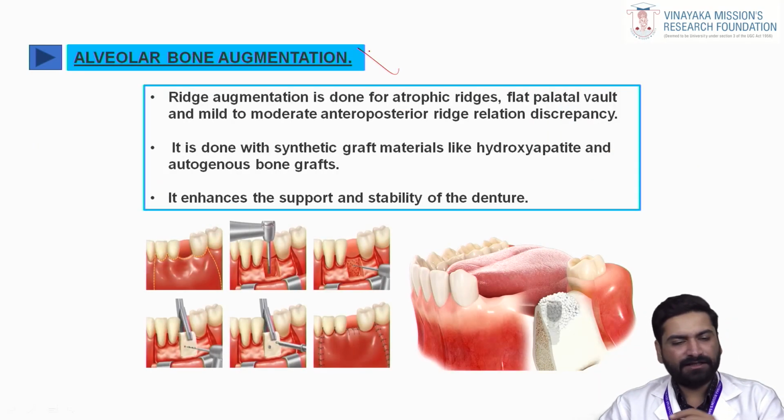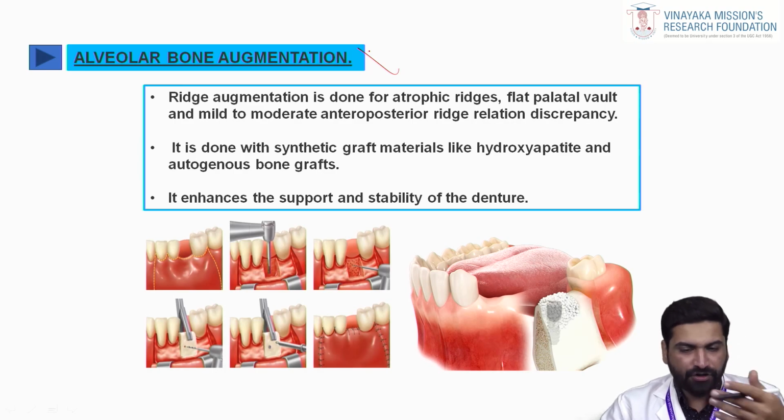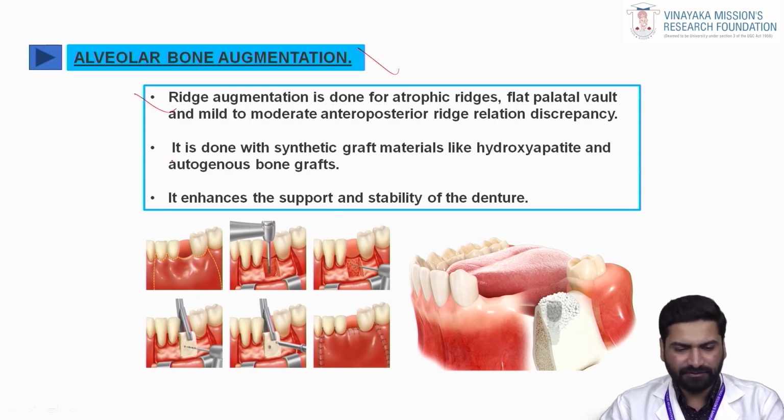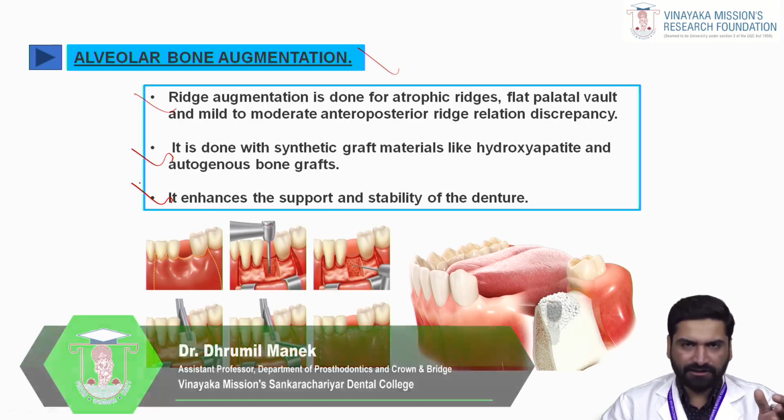Then there is something called alveolar bone augmentation. That means where you want to augment new bone. This is very rarely done in the cases of cast partial dentures, but again see, it's given in the literature so it has to be discussed. Bone augmentation nowadays is more common in implants, not in your cast partial dentures.